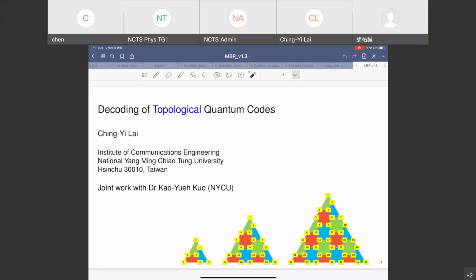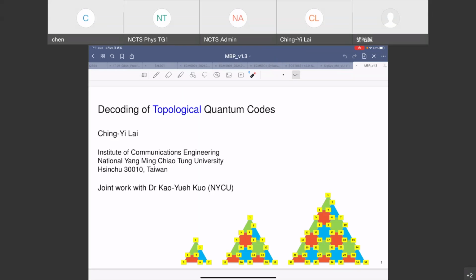These quantum error correcting codes are similar to classical error correcting codes. For example, in your cell phone communication, your information will be protected by error codes, and using this wireless communication, you can send information from one sender to some receiver.